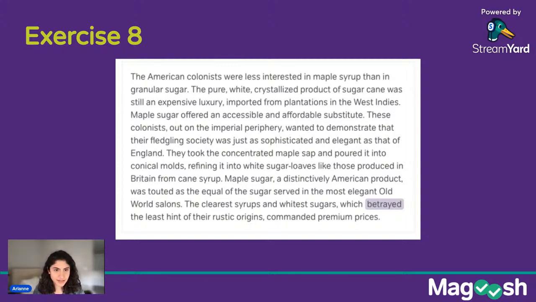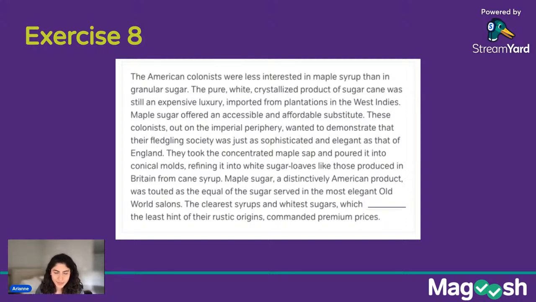Okay, instead of England. All right, let's read starting at maple sugar. Maple sugar, a distinctively American product, was touted as the equal of the sugar served in the most elegant old world salons. The clearest syrups and whitest sugars which betrayed the least hint of their rustic origins commanded premium prices.